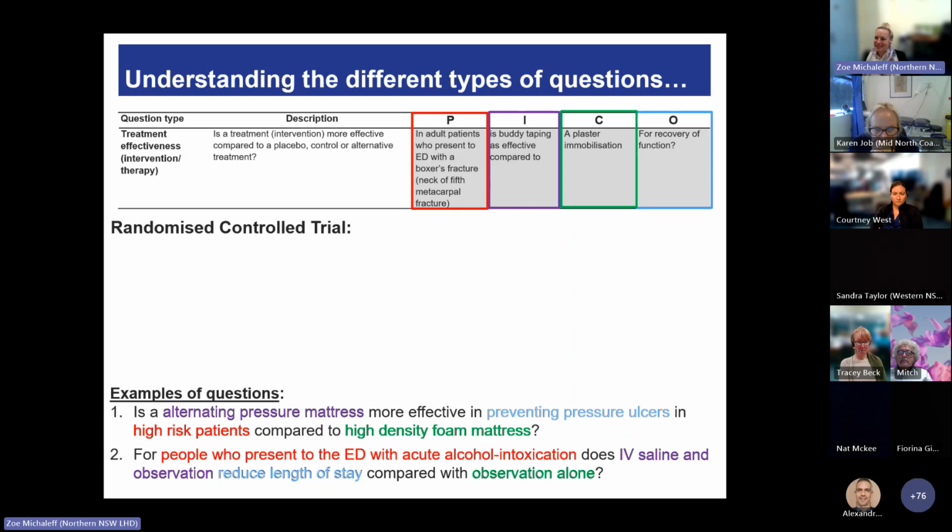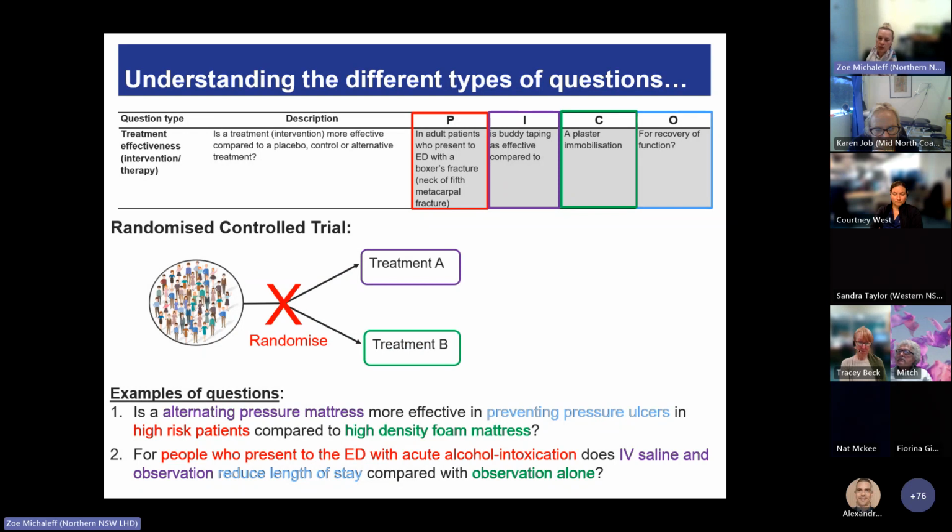And you'll hear me come back to this multiple times over the 5 weeks, that the best study design to answer your clinical question on treatment effectiveness is the randomised controlled trial. In a randomised controlled trial, you identify people based on inclusion and exclusion criteria. The people who meet those criteria are then randomised to receive either treatment A or treatment B. The whole point of randomisation is to result in 2 equal groups on all known and unknown factors.